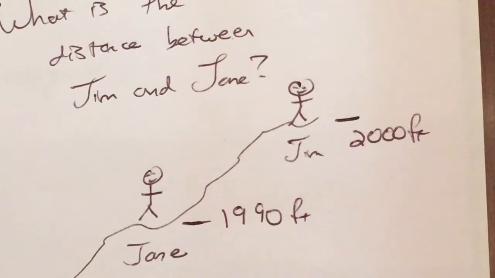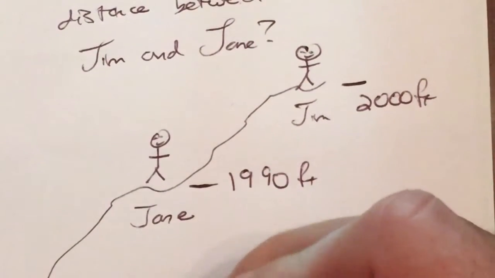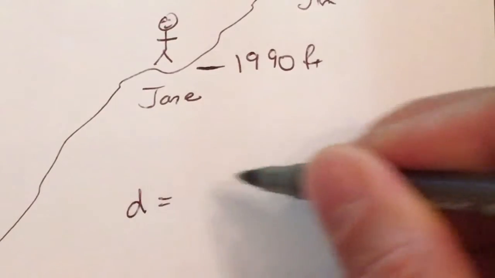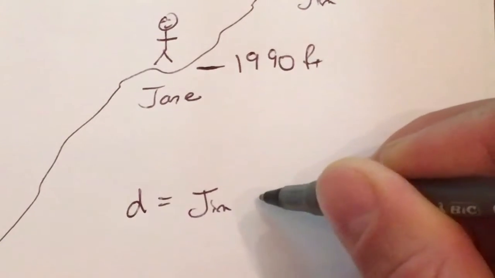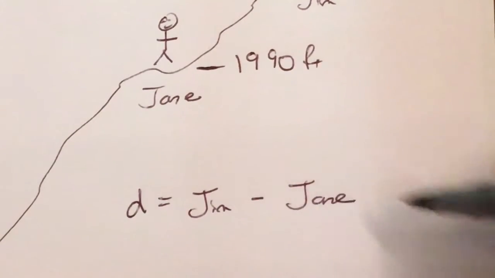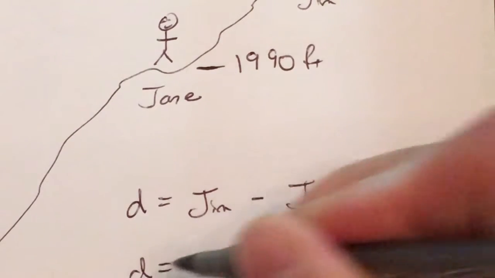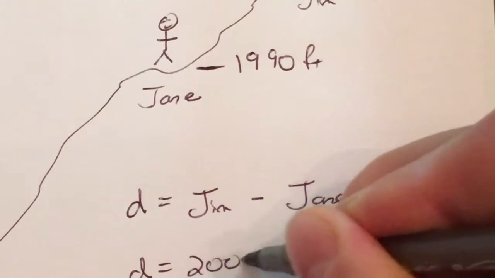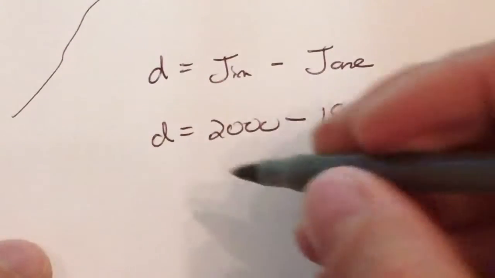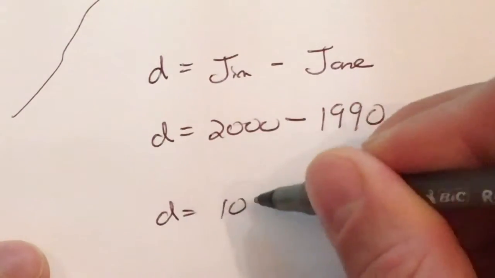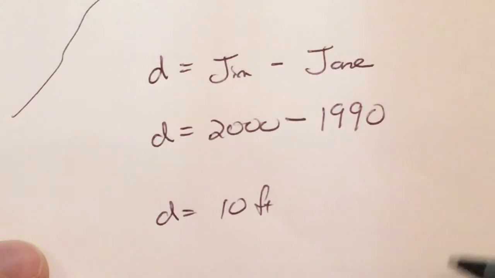Okay, so the distance between them, let's say that's D, is equal to Jim's height minus Jane's height. So the distance between them is 2,000 minus 1,990. So the distance between them is 10 feet, right?